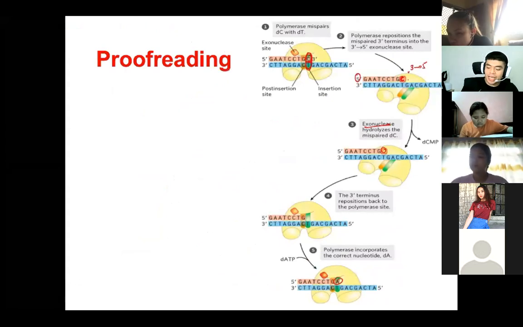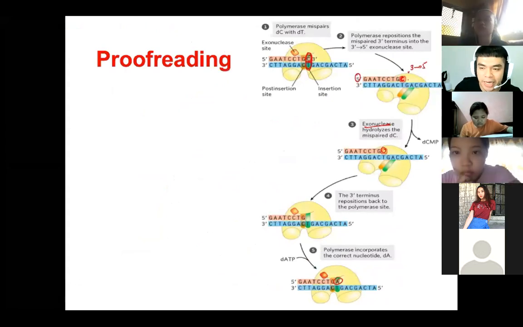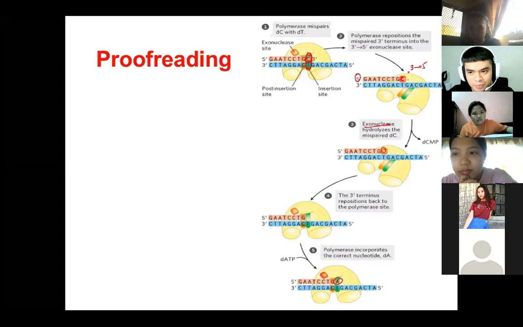So natapos natin ang DNA polymerase 3. Question ulit, sa DNA polymerase 3, meron ba siyang elongation activity? Yes. Ano ang product ng elongation niya? 5 to 3 or 3 to 5? 5 to 3, very good. Nagdo-double check ba si 3? Yes.